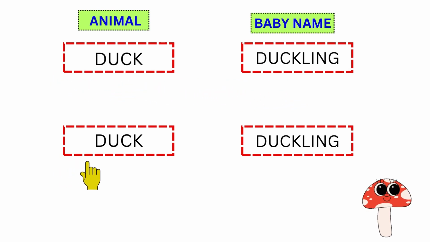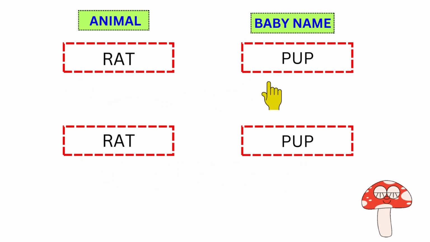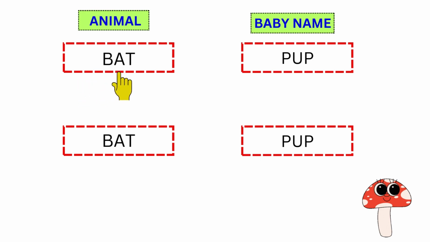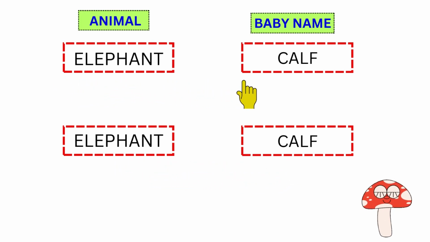duckling, duck, duckling. Owl, owlet, owl, owlet. Rat, pup, rat, pup. Pigeon, squab, pigeon, squab. Bat, pup, bat, pup. Rabbit, bunny, rabbit, bunny. Elephant, calf, elephant, calf.